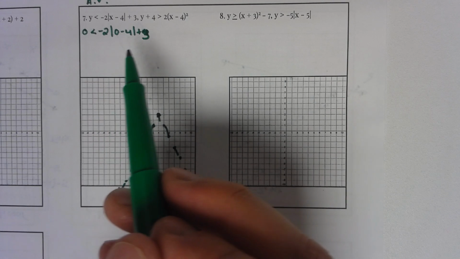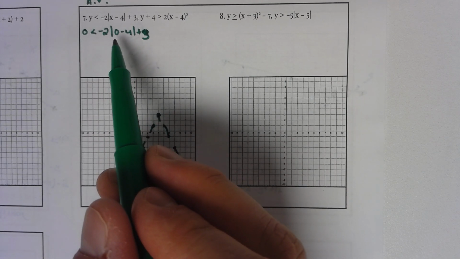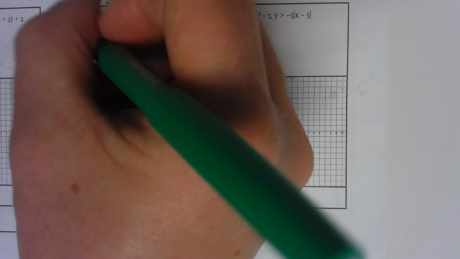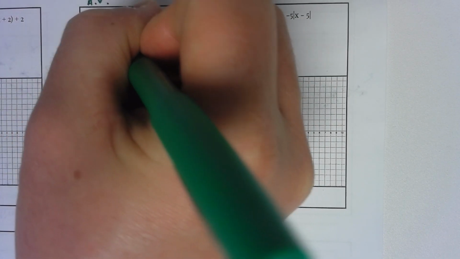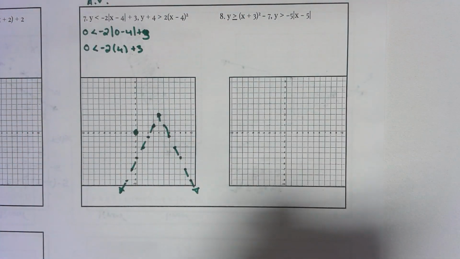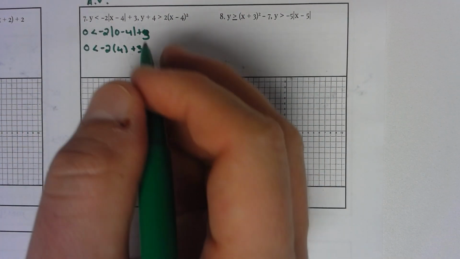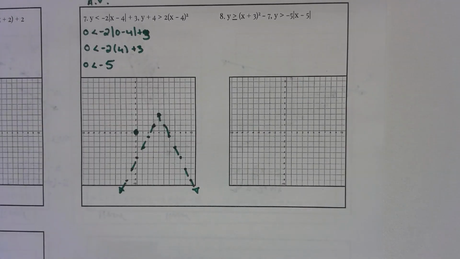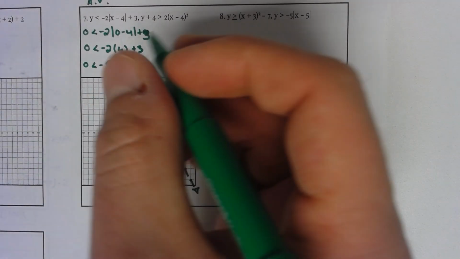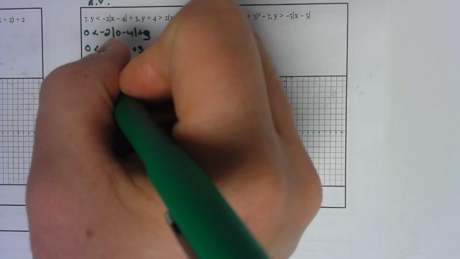This is one to be careful with because this absolute value of -4 needs to change to a positive 4. So this is really -2 times a positive 4 plus 3. So that's -8 plus 3, which is -5. So this time it's true, 0 being less than -5. Actually, I lied. That's not true. That's very false.